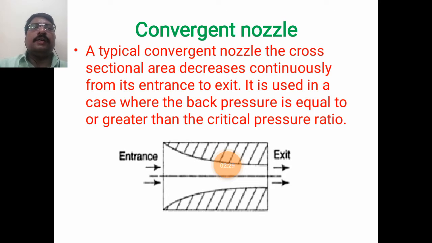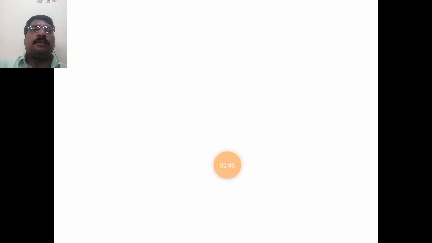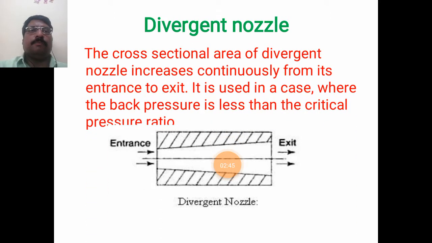It is used where the back pressure is equal to or greater than the critical pressure ratio. Back pressure means the exit pressure is higher. In that case, this convergent nozzle is used. So next one is the divergent nozzle. This is the converse, or reverse, of the convergent nozzle.